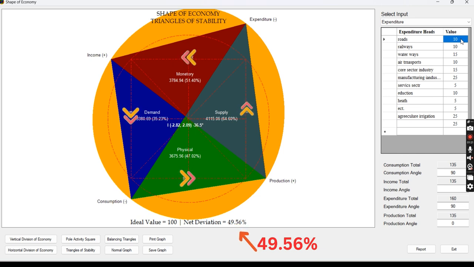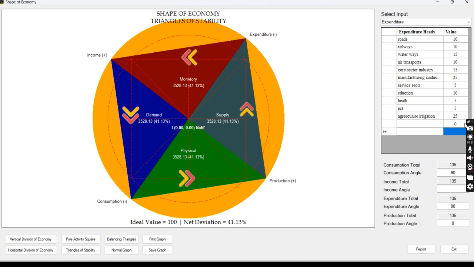So this is the way the projections of growth of the economy can be forecasted, and investors can be attracted to create new facilities in the goods and services sector, core sector, whatever sector they want to invest in, because this is the most ideal condition. So most of the investors will invest in that economy.